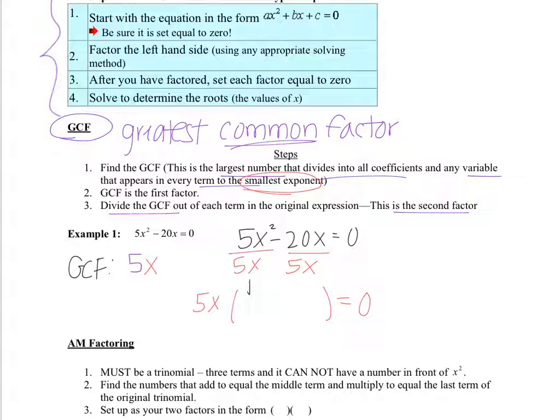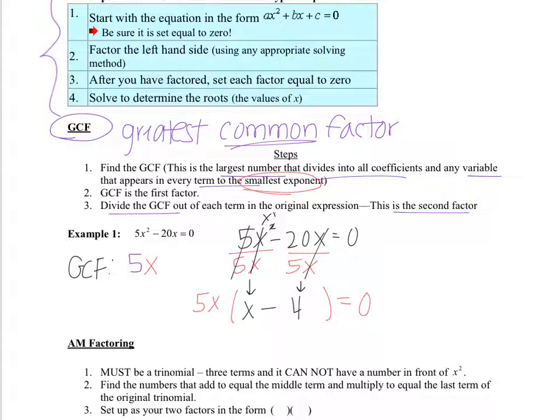Inside the parentheses goes whatever was left over. So 5x squared divided by 5x. Well, 5's cancel. And then x squared divided by x leaves me with x to the first, or just x. You're welcome to get rid of that little first. And then minus, x's cancel. 20 divided by 5 is 4, and it's equal to 0.